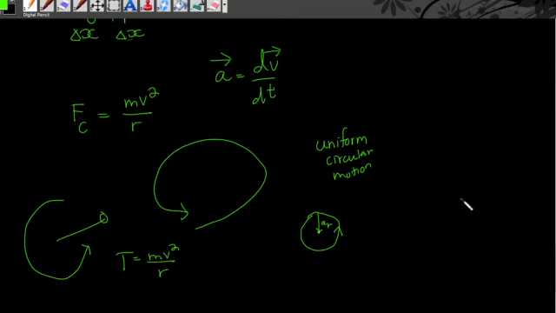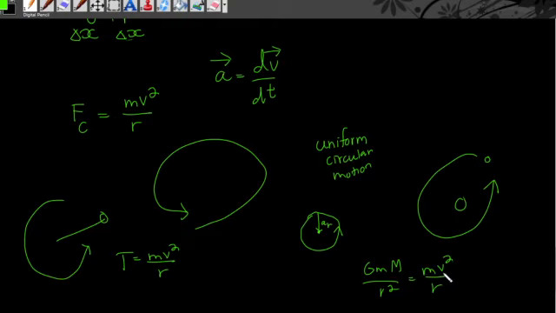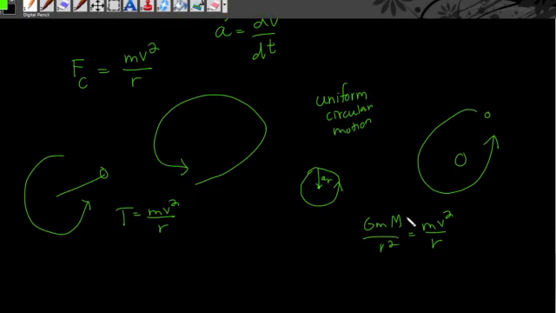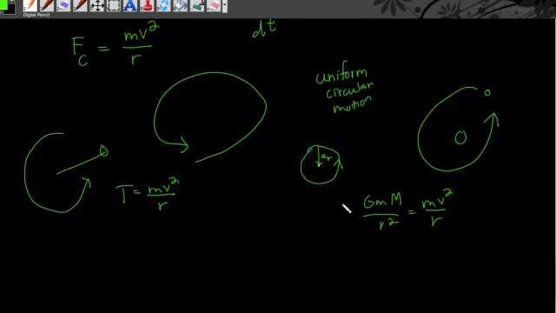Or if a planet is orbiting a sun, in that case we could say that gravity is the centripetal force. So yeah, it's not really a force. Okay, it is a force. It's not a specific type of force. It's just a force that depends on the situation.